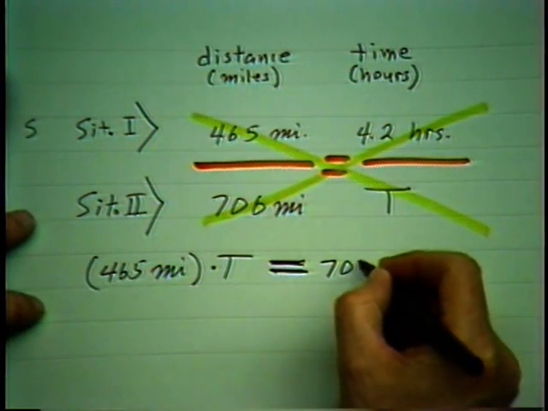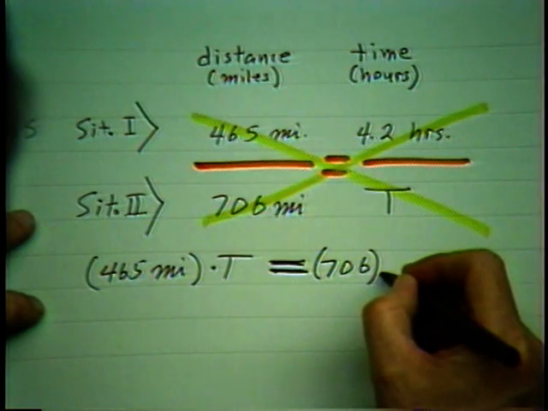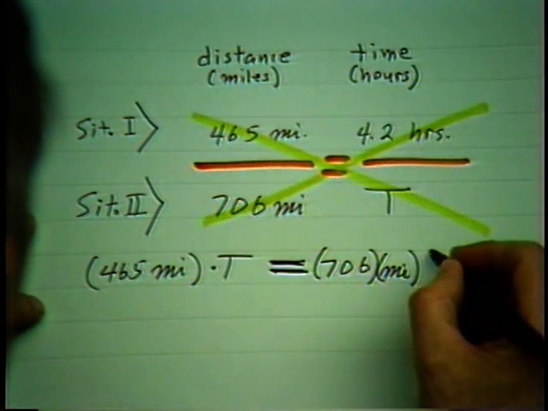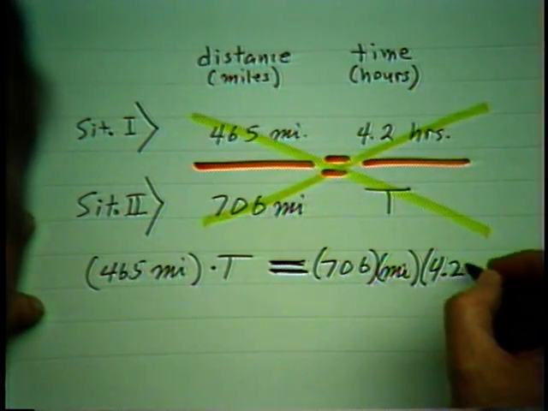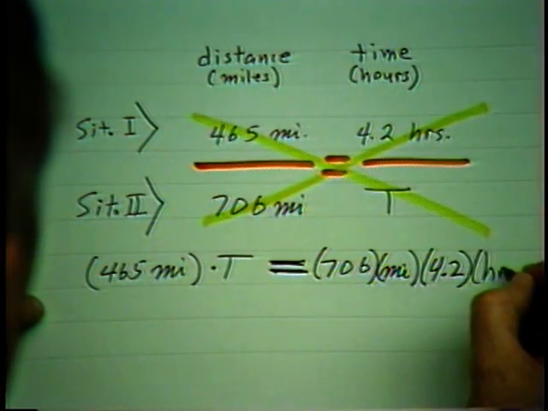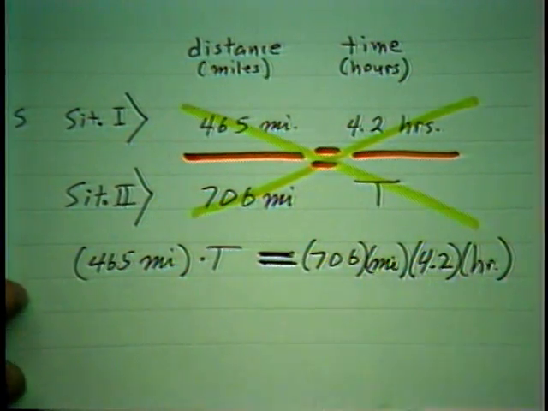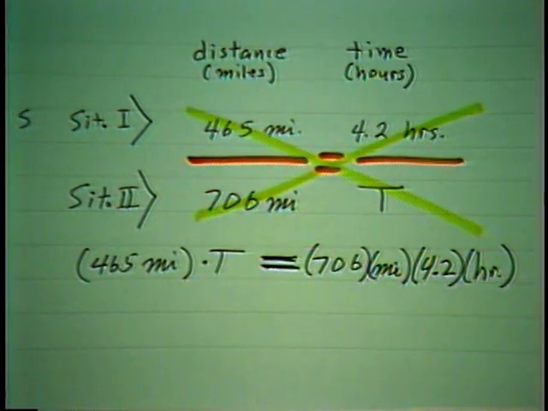So 706 miles times 4.2 hours. Now note, we kept the units right with it. That's an important part of the problem.